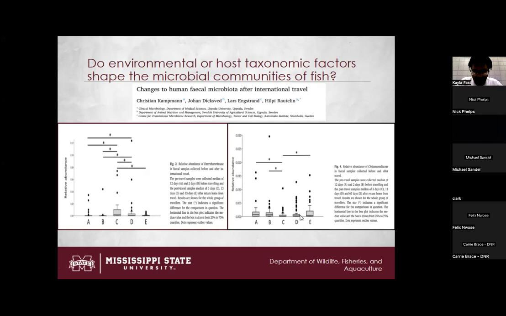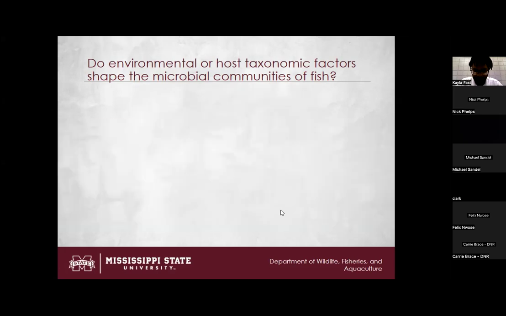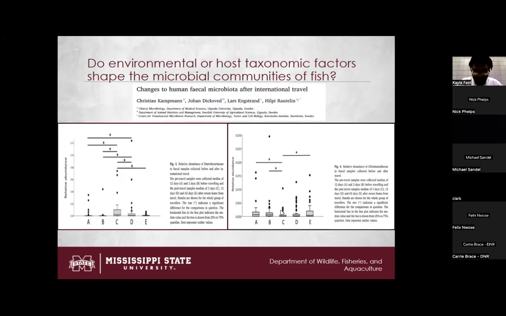And similarly, after returning from travel, the proportions of those dysbiotic and healthy bacteria revert back to normal. So that shows that locality and habitat can influence the bacterial communities on the inside of animals. And I'm very interested to see how those questions come into play with fishes in the Amazon.